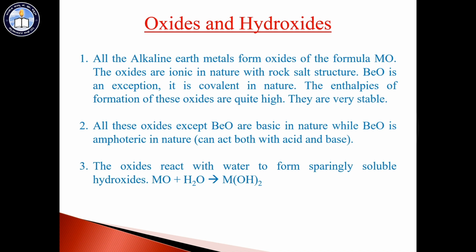The enthalpies of formation of these oxides are quite high. They are very stable. All these oxides except BeO are basic in nature, while BeO is amphoteric in nature, can act both with acid and base.